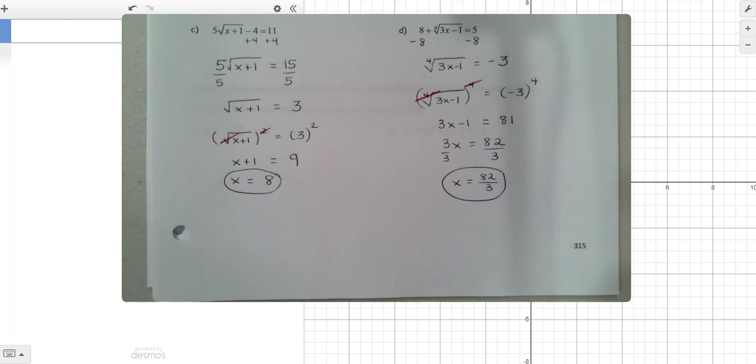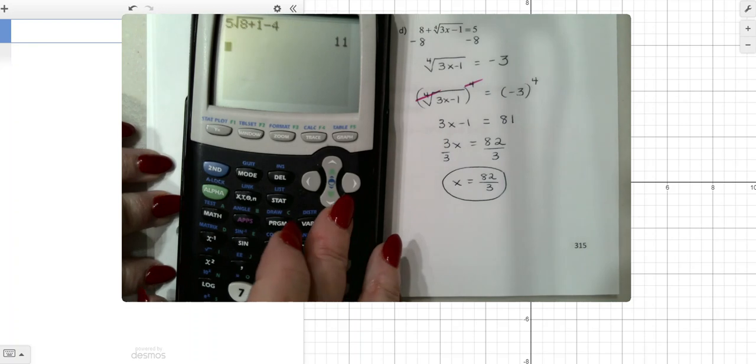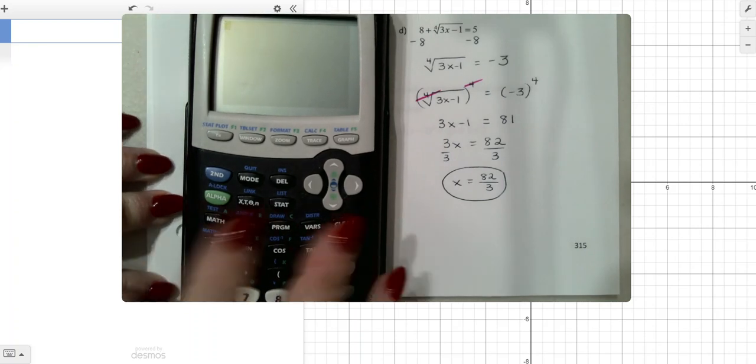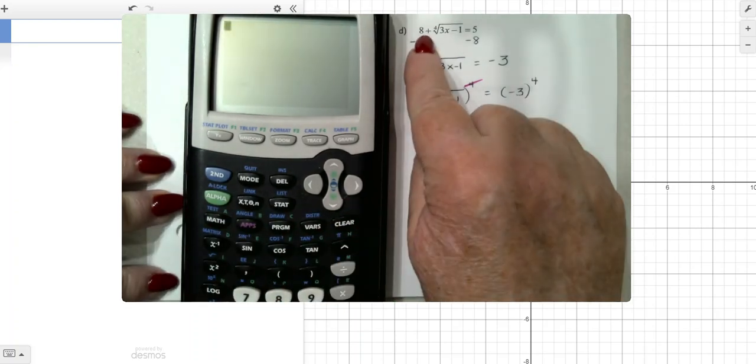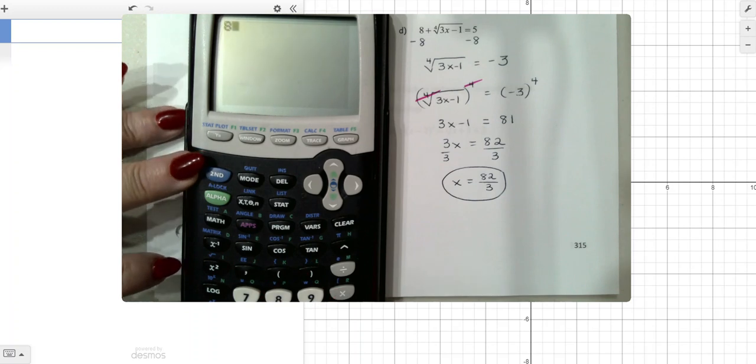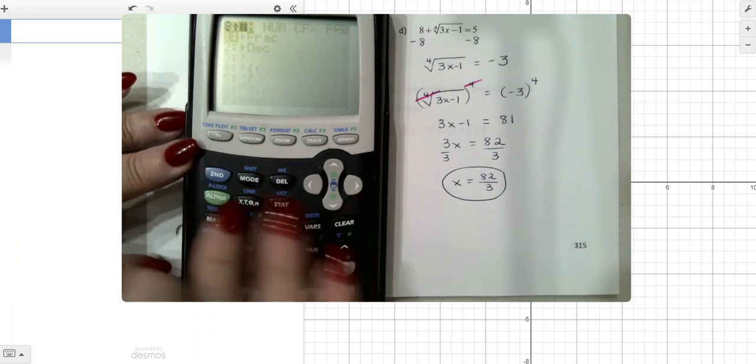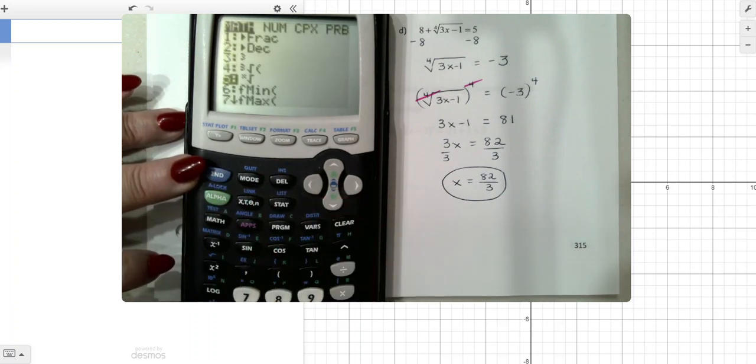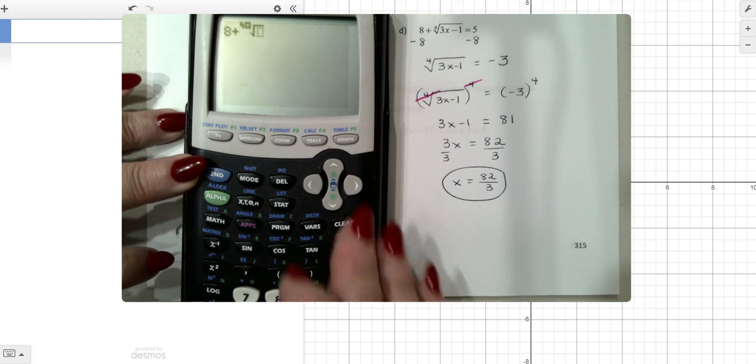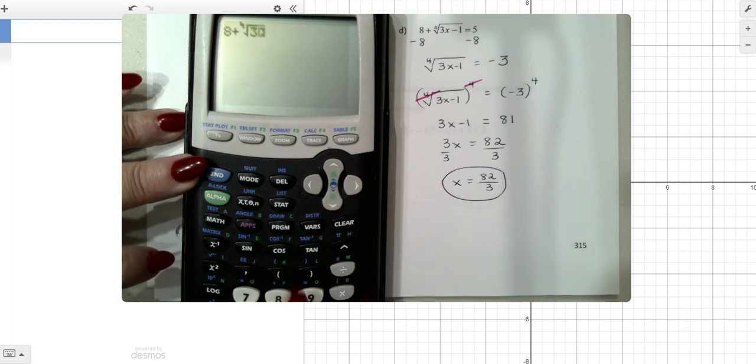Oops. I went ahead and said that was true, but I better double check it to make sure. I might be in trouble with this one. Let's see. All right, I got 8 plus the fourth root of 3 times my x, which is 82 thirds, minus 1.